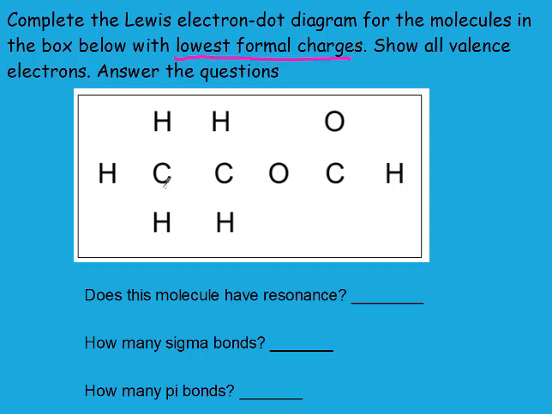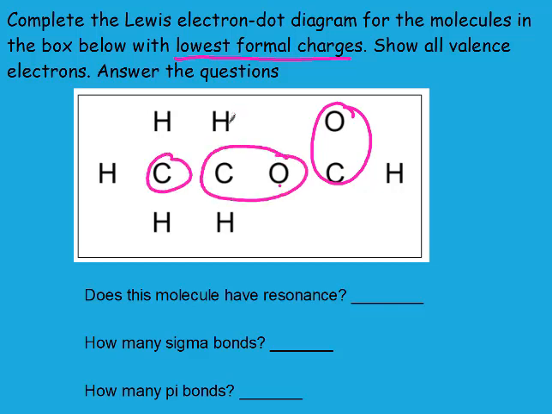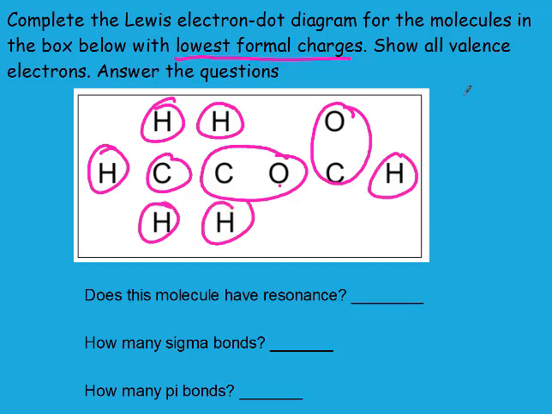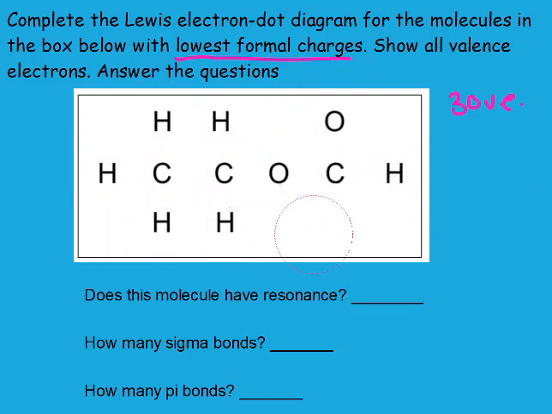In other words, you have 30 valence electrons to work with to satisfy the octets.